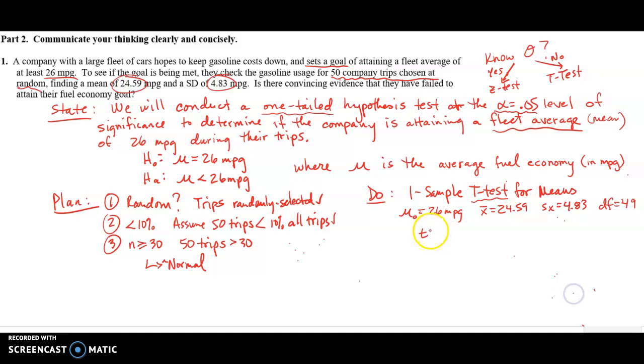The t value here is going to be our sample mean minus the population mean that we're operating under the assumption is the population mean, and then we're going to divide that by the sample standard deviation, 4.83, over root n. So that's how we calculate our t-statistic.